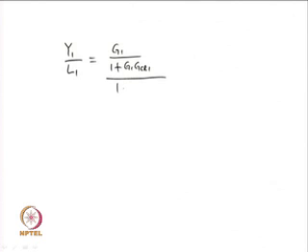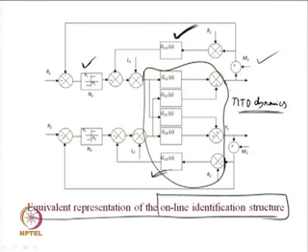Now, I can also get the relation between the output and the static load disturbances in the form of y1/L1 = G1/(1 + G1 G_CL1) ... Let us find the transfer function between y1 and L1.